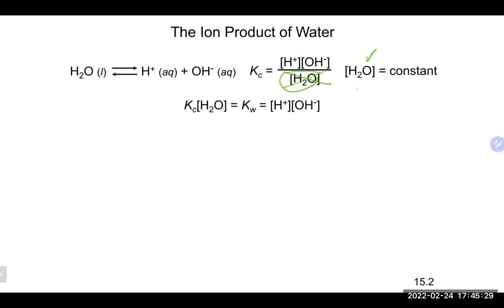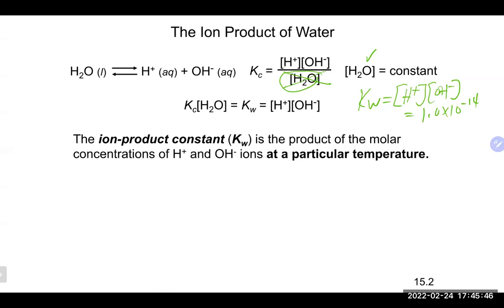So Kw is the water ionization product. It is the concentration of H plus times the concentration of OH minus, and it equals 1 times 10 to the minus 14. So that is almost like a constant, even though technically speaking, it would change with temperature because it is an equilibrium constant. But pretty much if you need the value for Kw, unless they specifically say we are not dealing with normal temperature, 1 times 10 to the minus 14 is the value that you typically would use.